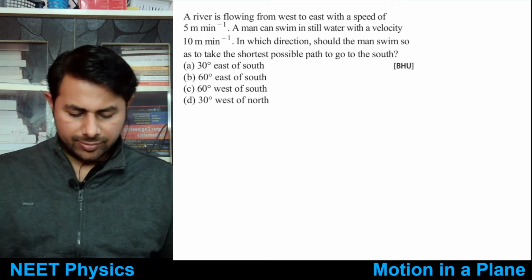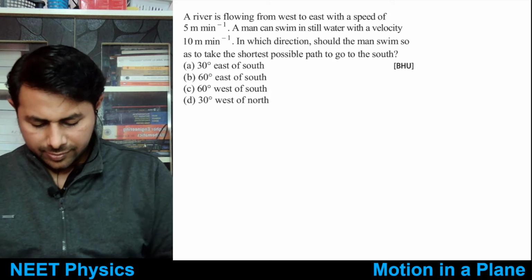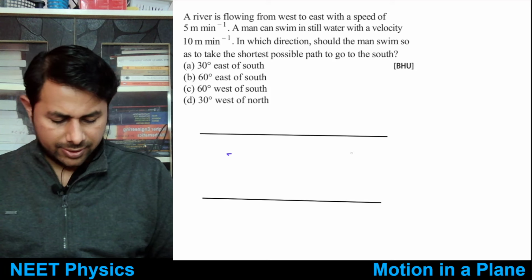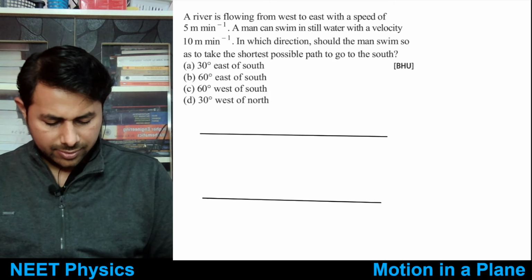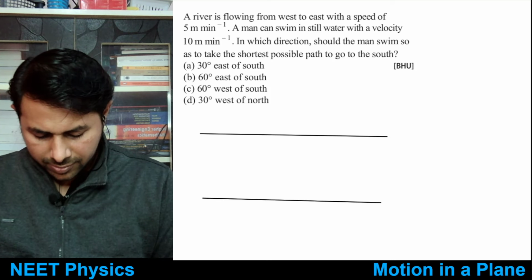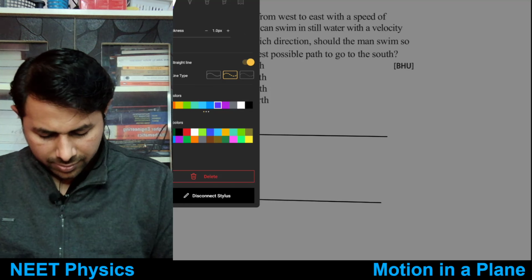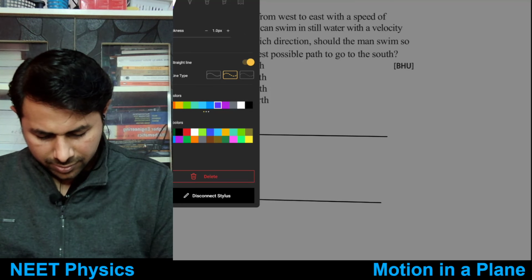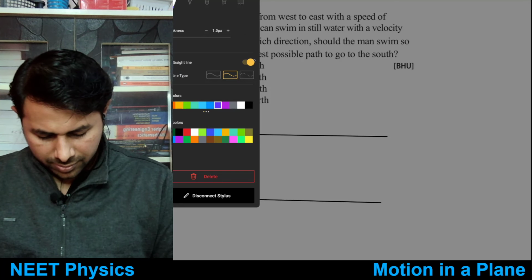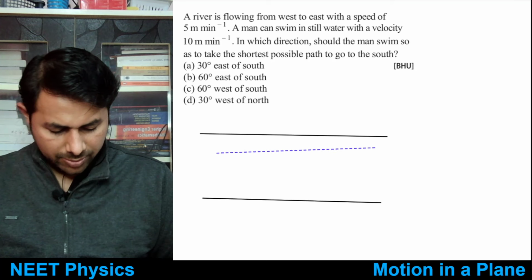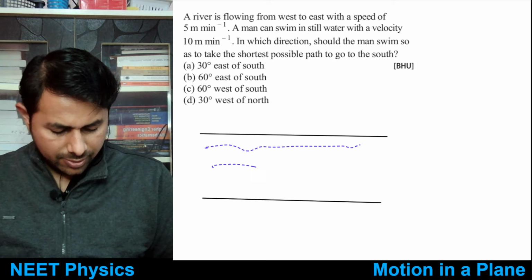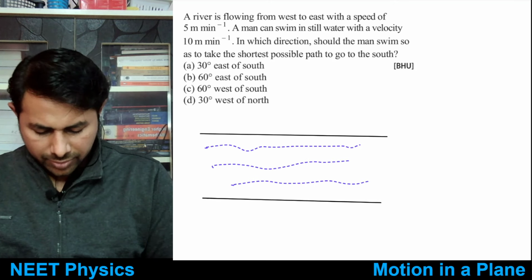A river is flowing towards west. So the river is flowing like this. Okay, the river is flowing like this, towards west.